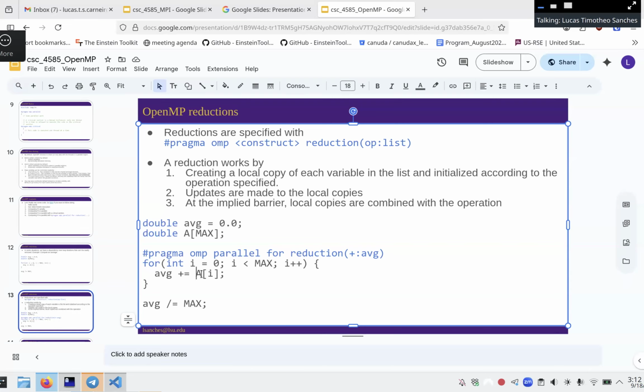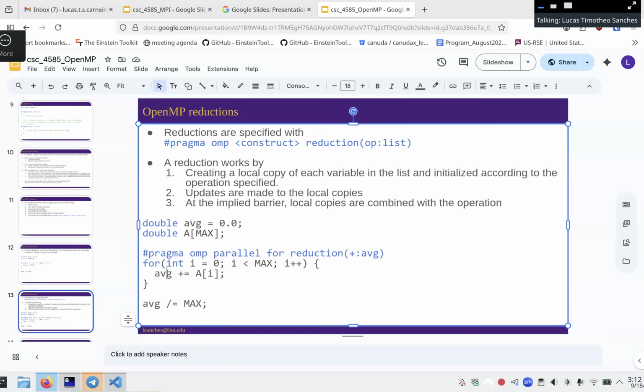All of these threads want to add their partial sums into this average variable. But they can't do that without care. So there are options for doing that. We've seen one of them: using a critical section is one of the options we have. Or using an array of sums and adding the sums to an array is another option.